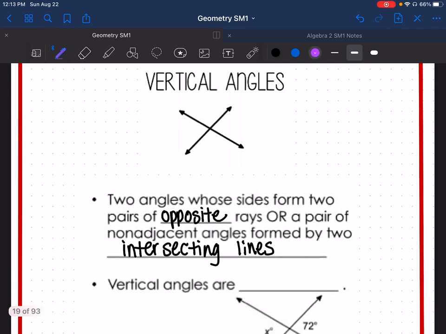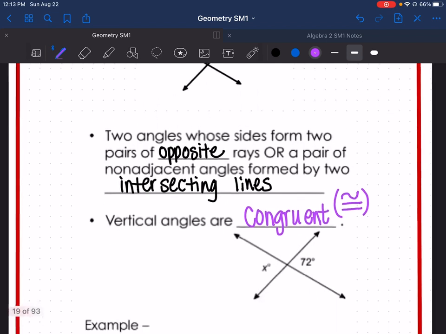Vertical angles are congruent. Here is the symbol for congruent. It's the equal sign with a squiggle above the top. So congruent means we're equal, but we're exactly the same. That's what the little squiggle on the top means.